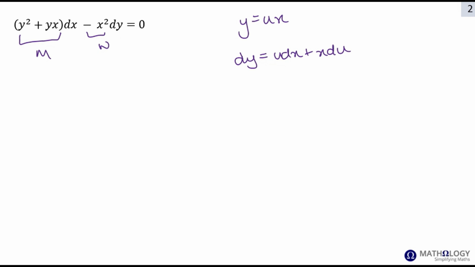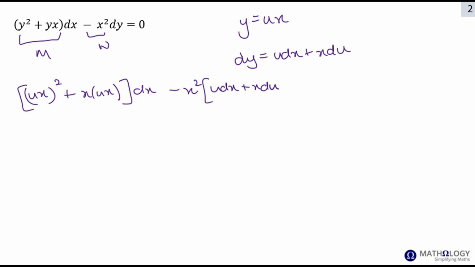We're going to substitute both of these expressions into the differential equation. So y squared would be ux squared. yx will be x times ux, and that is dx minus x squared times dy, which is u dx plus x du, and that equals 0.